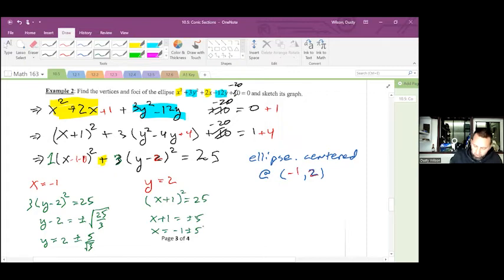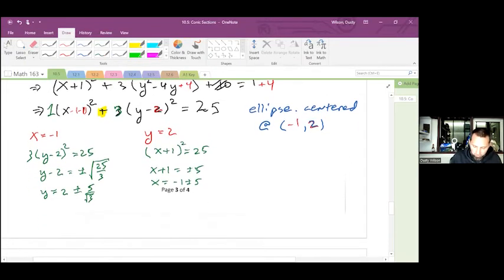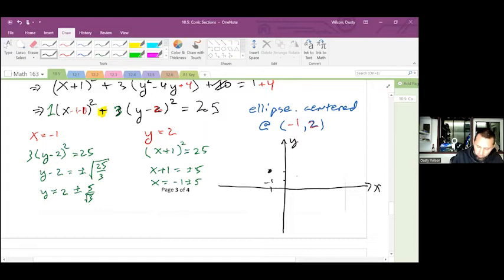So let's see if we can figure out how to graph this ellipse. We have our axes, x and y. We know we're centered at -1 and 2. Here's our center. And then we know when y equals 2, maybe I'll do the easier numbers first.